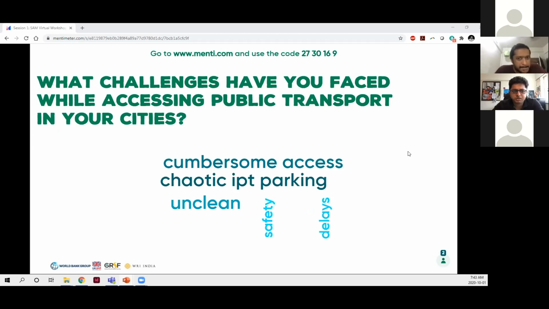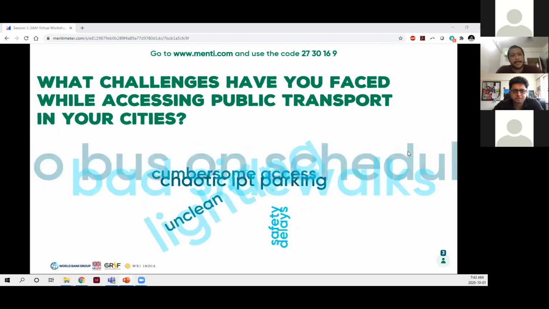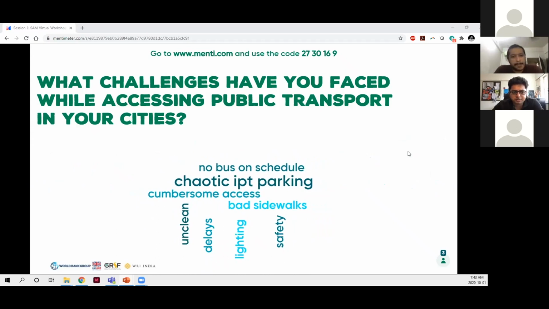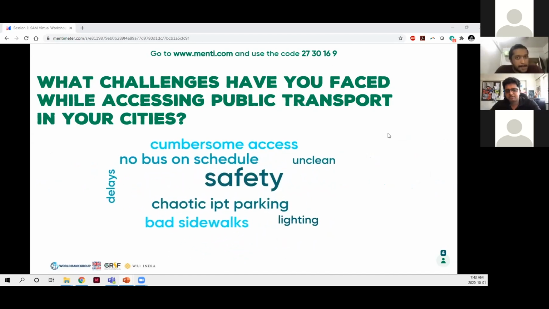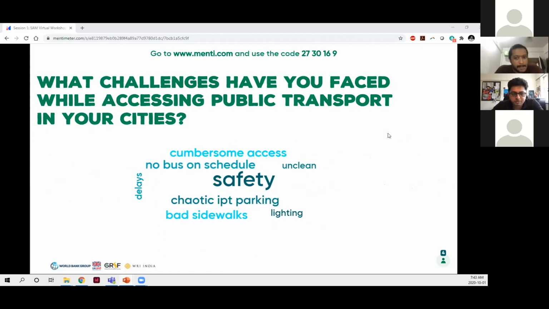Okay, the question was, what challenges have we faced while accessing public transport in your cities? We are getting some answers which say no bus on schedule, so the frequency of the buses tends not to be quite regular. Then there is chaotic IPT parking, which is the feeder systems we are talking about, which are quite irregular, which leads to lack of first and last mile connectivity.